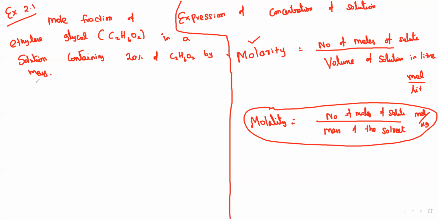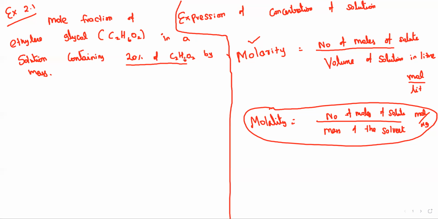Okay, and now look at the question carefully. They are asking us to find the mole fraction of ethylene glycol. They didn't mention what the solvent is. They only gave the solute. Our solute contains 20% by mass.